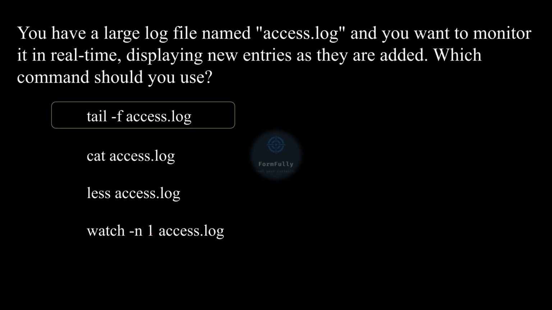This command is used to monitor log files in real time and display new entries as they are added. The other options, cat and less, do not provide real-time updates or automatic scrolling. Option 4th, watch -n1, is used to execute a command at regular intervals but not for real-time log monitoring.